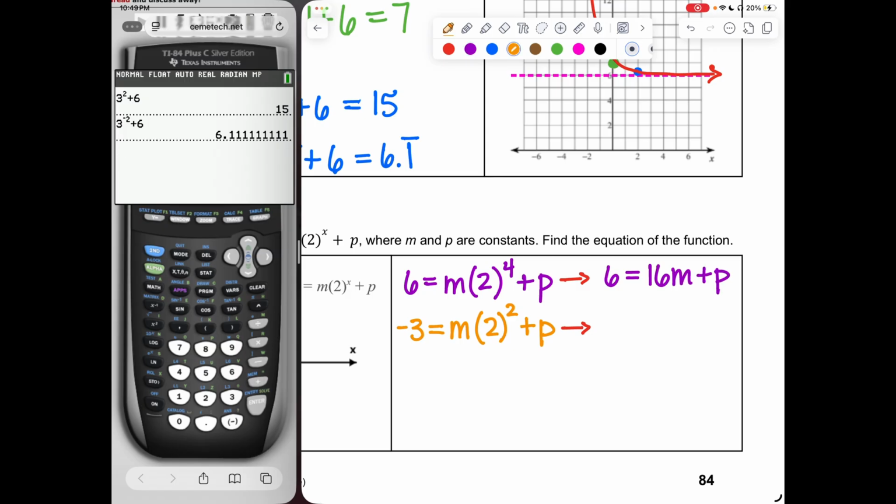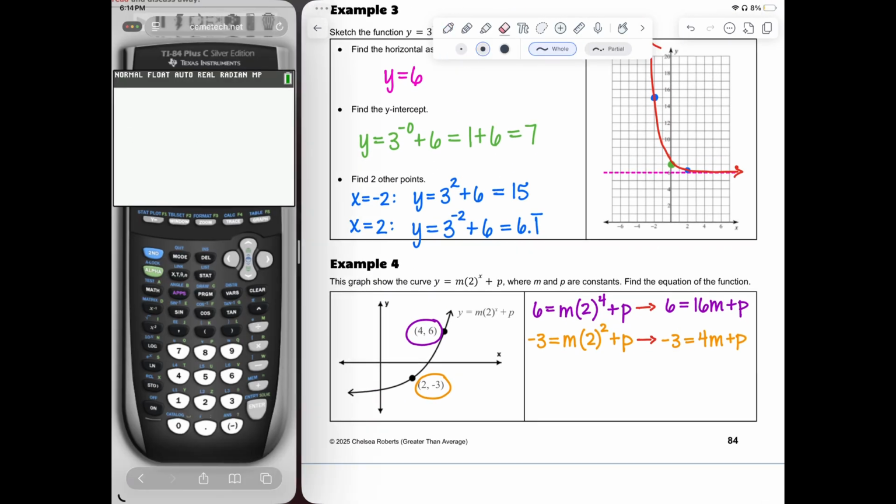And then the bottom equation will be -3 is equal to 2 squared, which is 4. So we will have 4m plus p. So those will be the 2 equations.